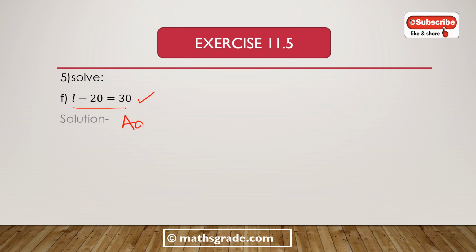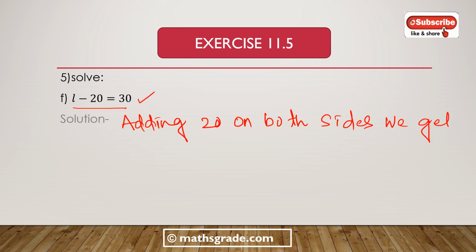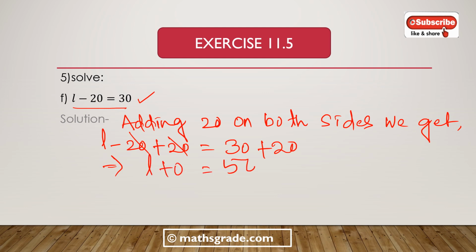So we are adding 20 on both sides of the equation. We get l minus 20 plus 20 equal to 30 plus 20, and l minus 20 and plus 20 will be cancelled. l plus 0 equal to 30 plus 20 is 50, then l equal to 50, and this is the solution of the given equation.